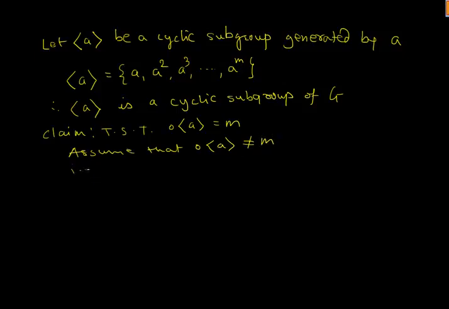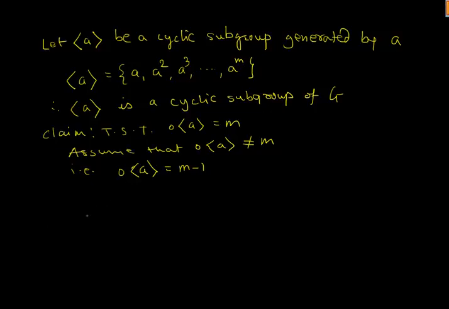That is, the order of the cyclic subgroup is something less than m. So I am considering it is m minus 1. That means in this list of elements, some different powers of A give the same answer.